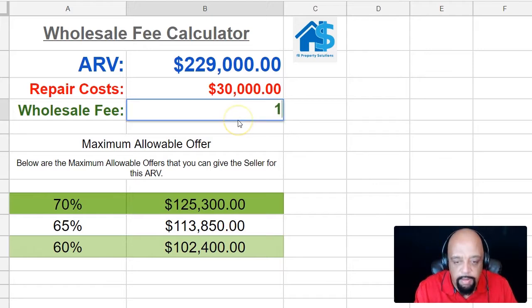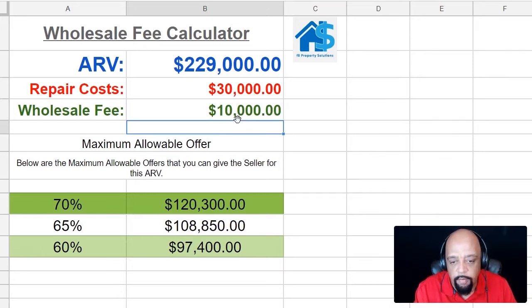We automatically know, I want to make 10,000 on this deal. Minimum, I know that I'm going to come in at a cash offer of 97,000. The most I'm going to go to is 120,000. If we can't get it at that, that's the most we try to get it to.